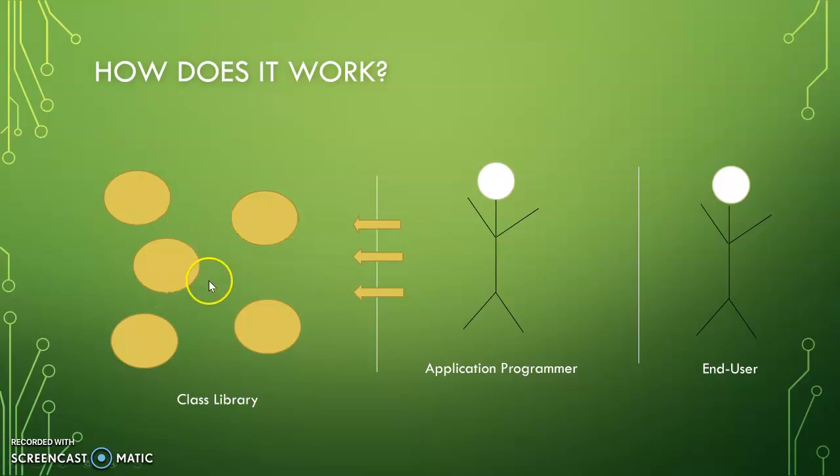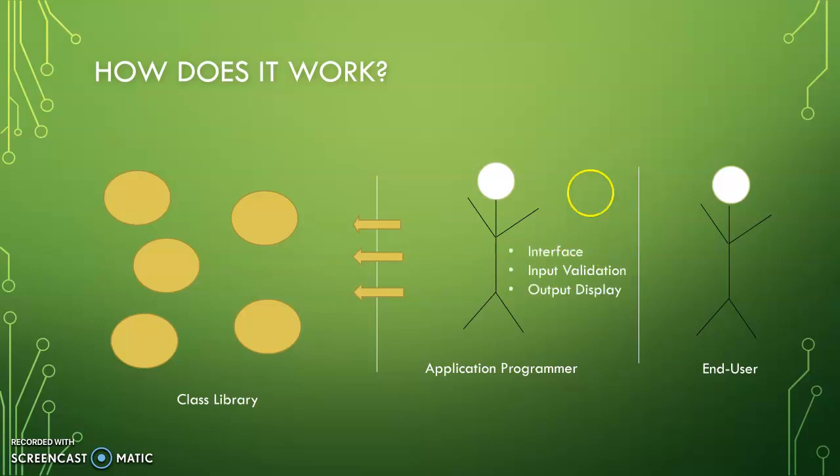And again, it's sitting here for not only this application programmer to use, but many application programmers to use. If the application programmer decides that he needs new logic that's not out here, instead of him writing it by himself, he would develop a class for it so others can then use it. Does that make sense? Go back and listen to what I just said again if not, okay?